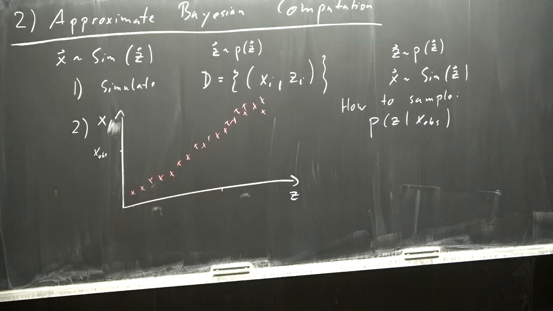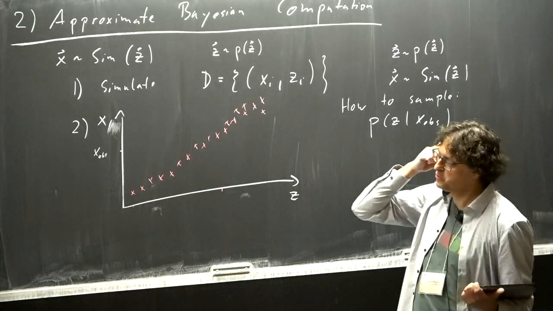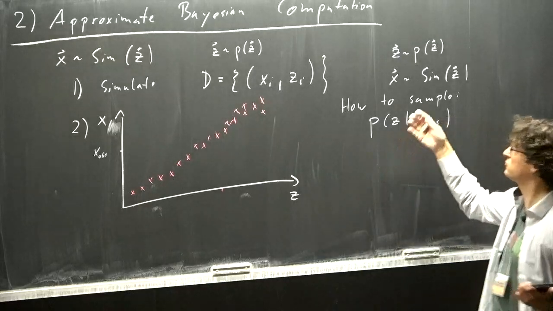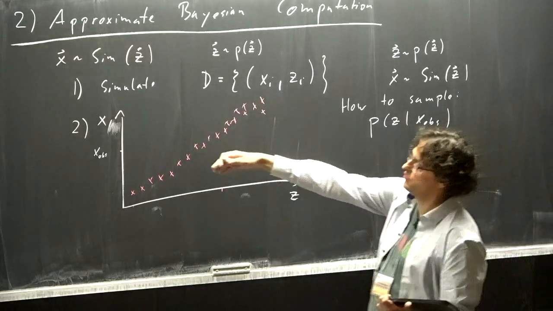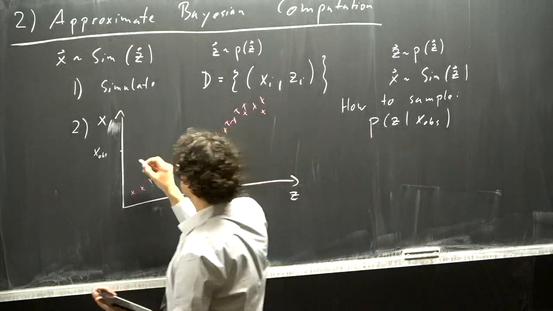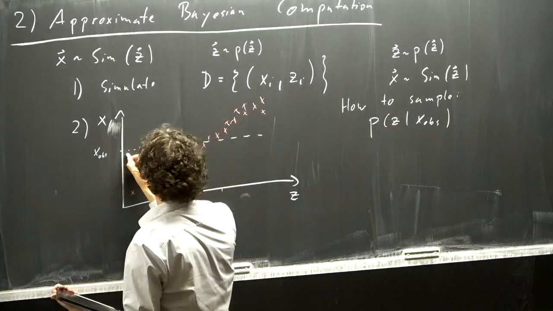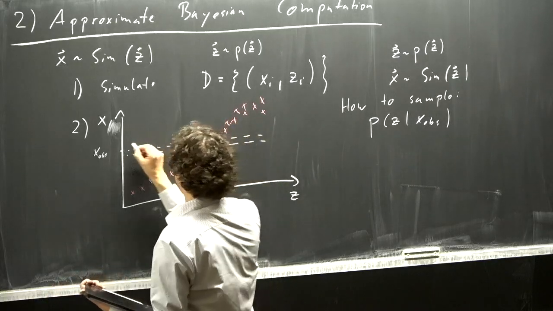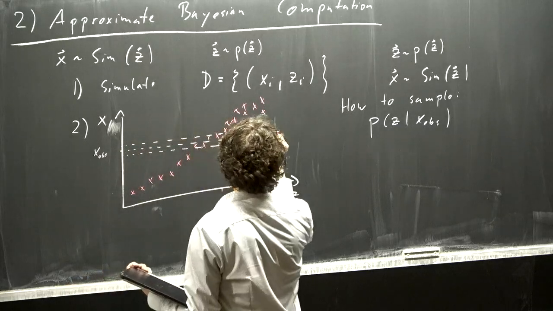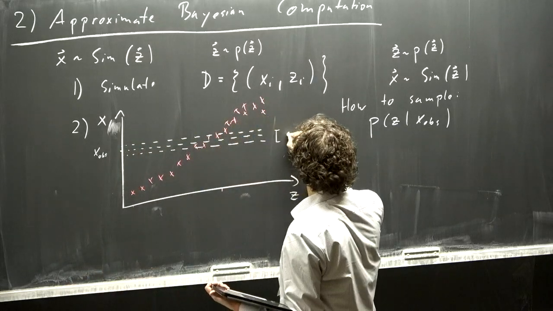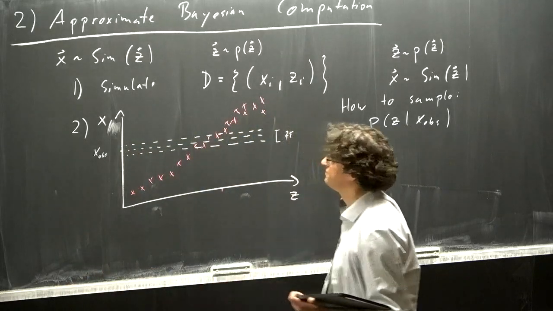The way to do this with approximate Bayesian computation, and it's really just exploiting the logic of conditional probability distributions, is that you, in this case here, just look at the simulation results that ended up close to the observed value within some small range. Let's call this 2 epsilon.